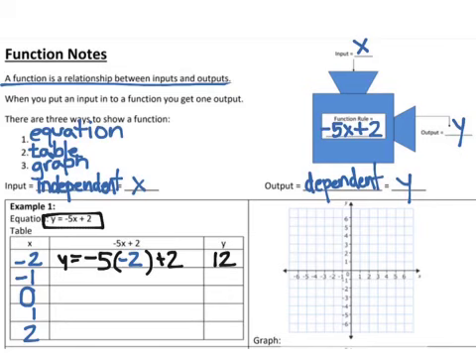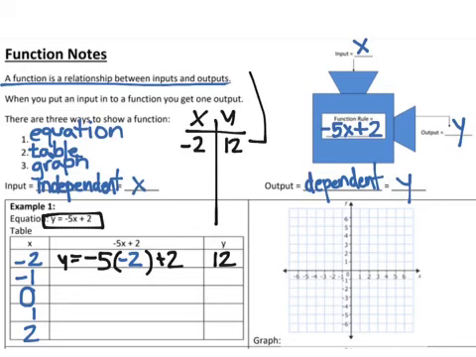So what we have now is the start of a table of values. We know that -2, 12, that's a point. This could be written like this: -2, 12 as a coordinate point.